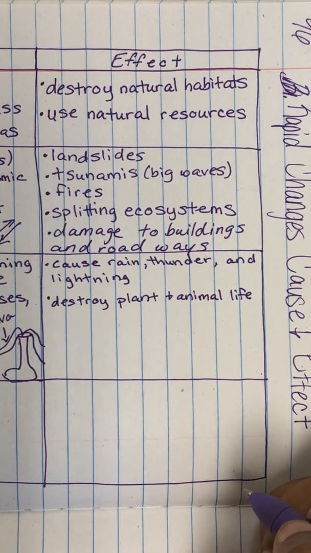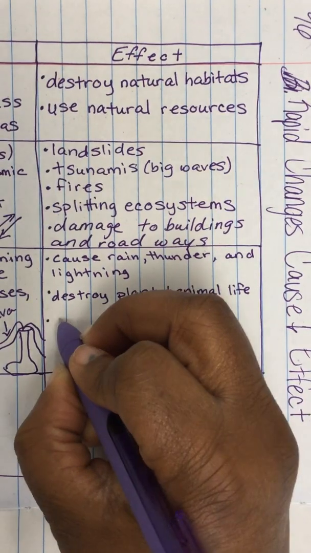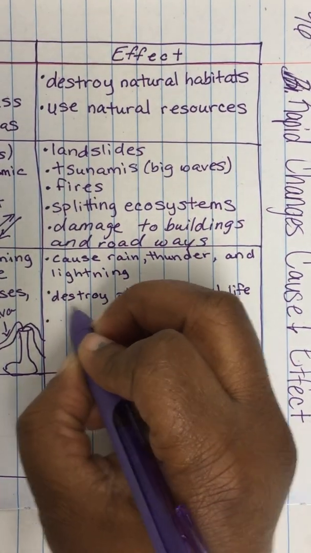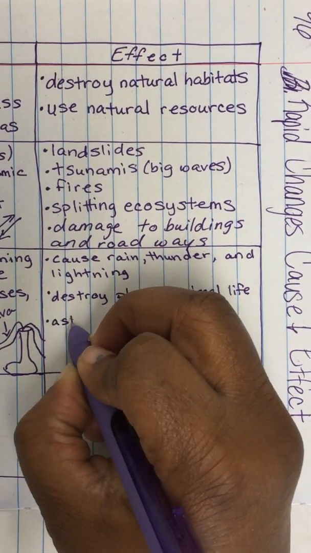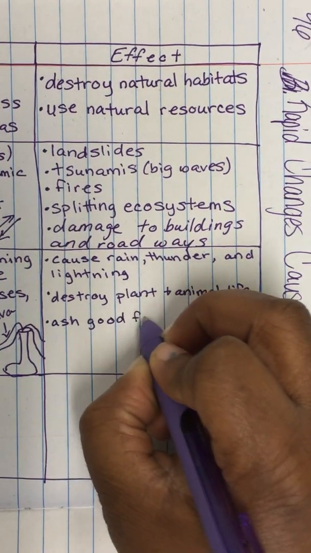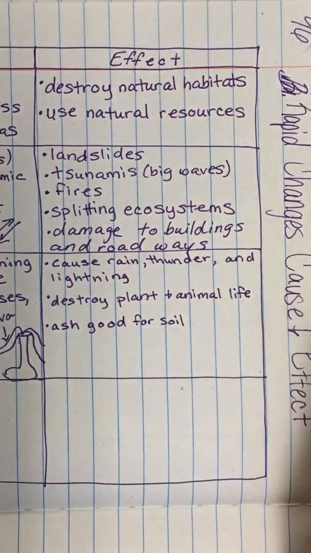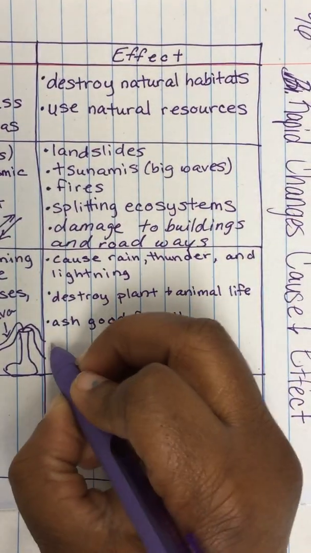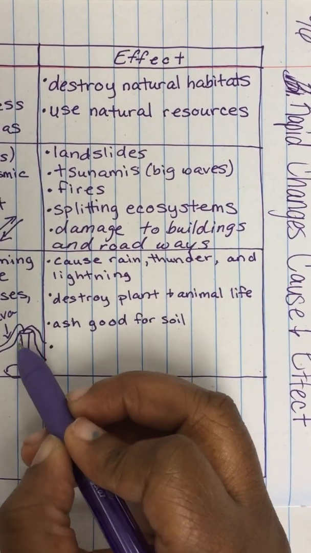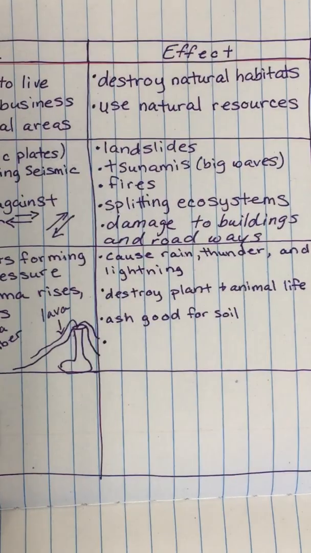Some things that are good in the way volcanoes affect the earth. Ash is actually good for soil, so it helps plants grow. And then when the lava flows, it can create a very steep side. I know I'm talking about something you can't see.